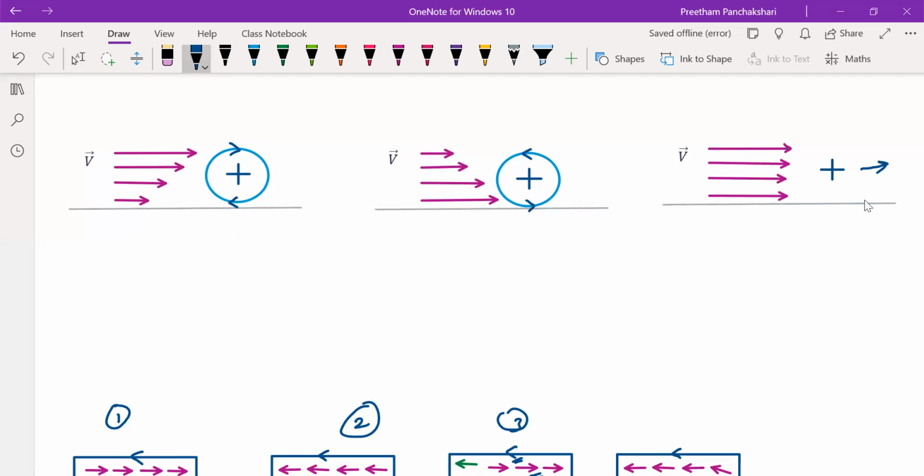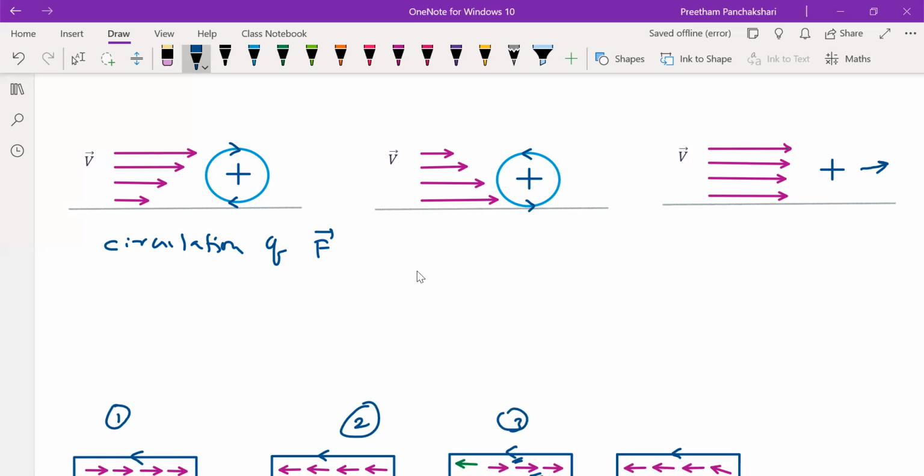The object moves in the direction of the flow. That means whenever this kind of situation occurs, we can see circulation of force. We can call them circulation of some force induced by the velocity gradient.